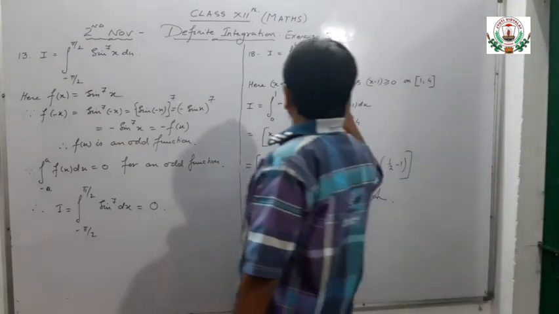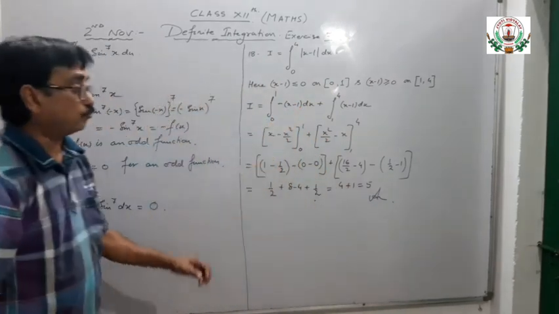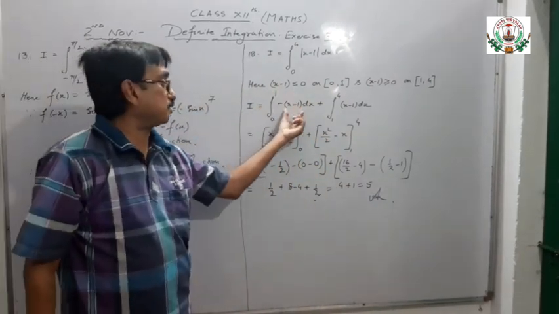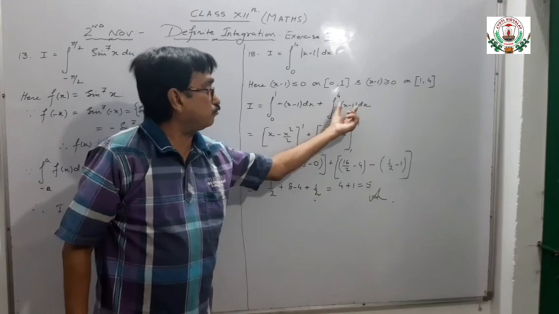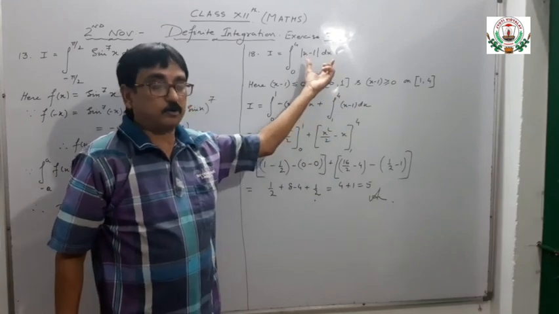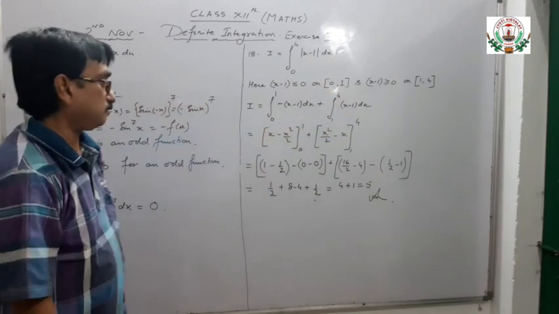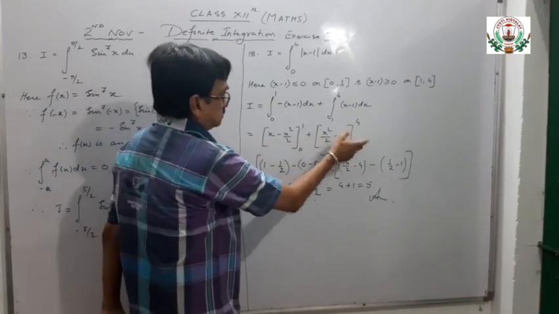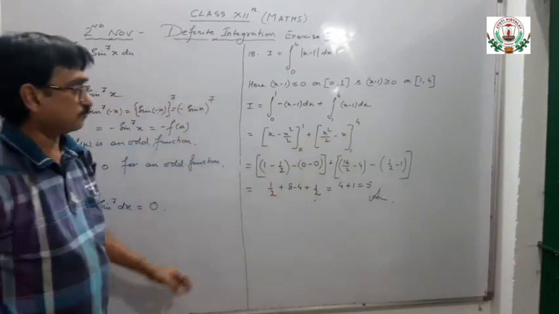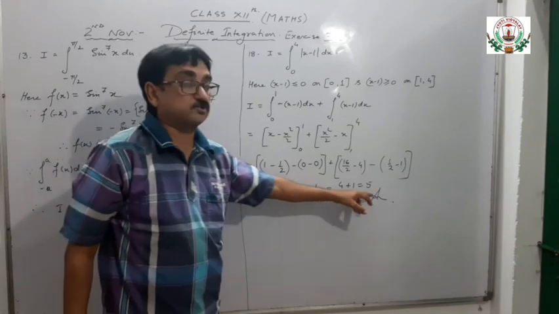So for the limit 0 to 1 the function will be negative, and for the limit 1 to 4 the function will be positive. And after justifying their limits we will simplify it and we will get our final answer as equal to 5.